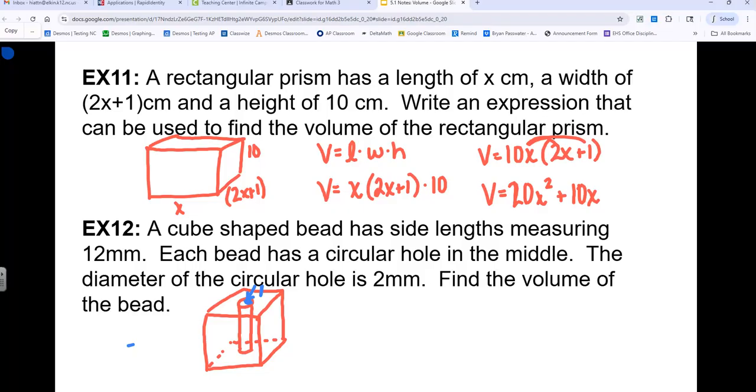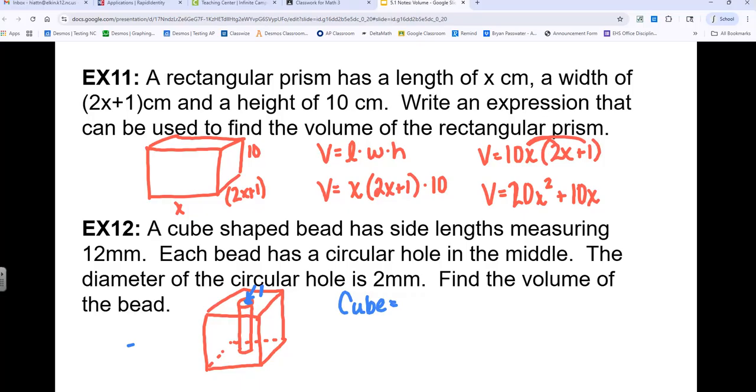Then what do they probably do with it? They probably drill a hole out of the middle of it, right? So you start with the volume of the whole cube, and then you subtract out the volume of the cylinder, right? So you start with the volume of the cube, and then you take away the part that's the hole. So the cube should be pretty easy for us to do here.